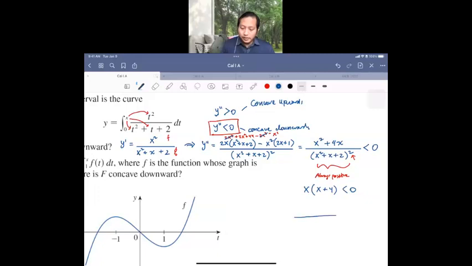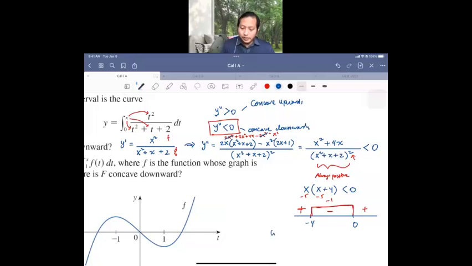Now we have at least negative 4 and 0. If we check with our numbers, if we check negative 5, it's positive, right? Negative 1 should be negative, right? It's positive, of course. So we need to know that this is our interval.